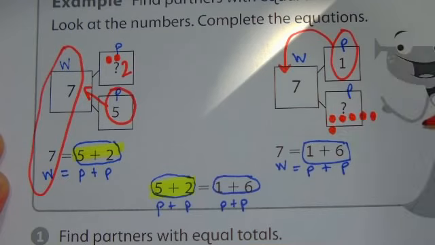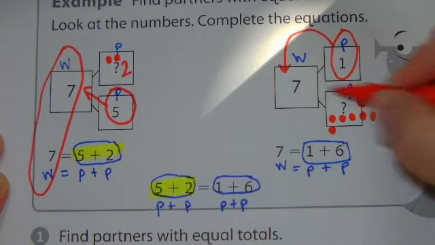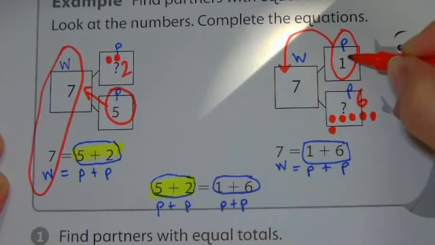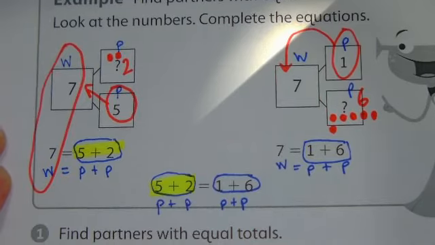So how many dots do we have right there? 6. So 1 plus 6 equals 7. 6 plus 1 equals 7. The answer is the same no matter what we do. Mix it up.